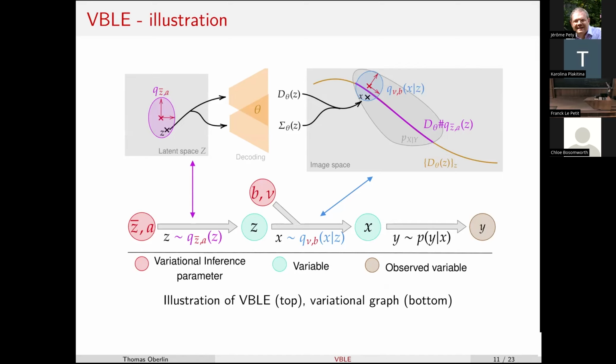This here, the line here is a push forward measure of Q. So it lies in a manifold in general because the generative model does not cover the whole space. It's only a part of the space, and to augment this, there is another part of the distribution here in blue.